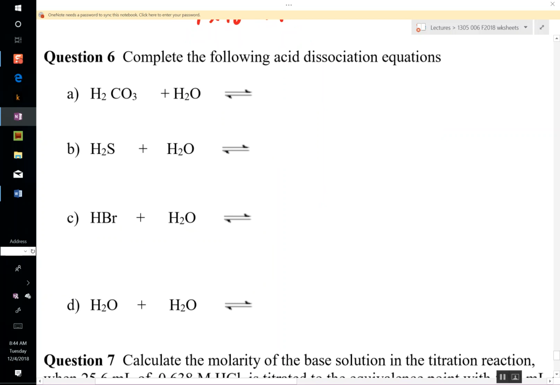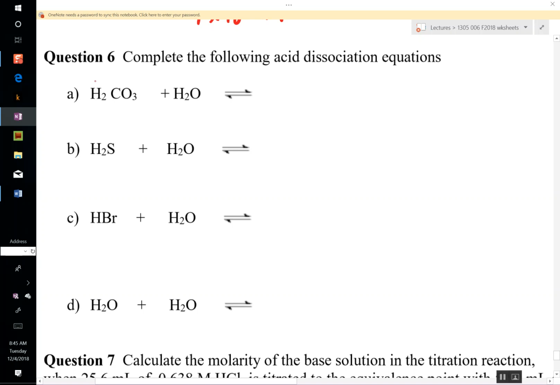These are probably all weak acids. Here's water reacting with water. We'll get down to that one. But there's carbonic acid, H2CO3. That's what's in all the carbonated beverages. You bubble CO2 into beverages to carbonate them, and it forms this carbonic acid.